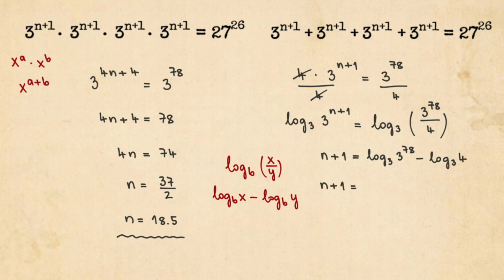So n plus 1 is equal to 78 minus log base 3 of 4. To isolate n, we subtract 1 from both sides, which leaves us with n equals 77 minus log base 3 of 4. That is our solution to the last equation. If you plug it into a calculator, it comes out to approximately 75.74.